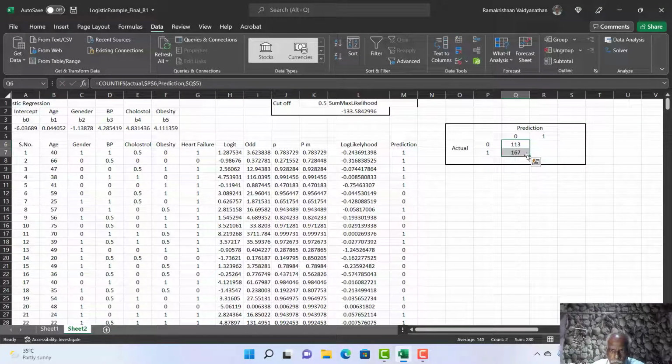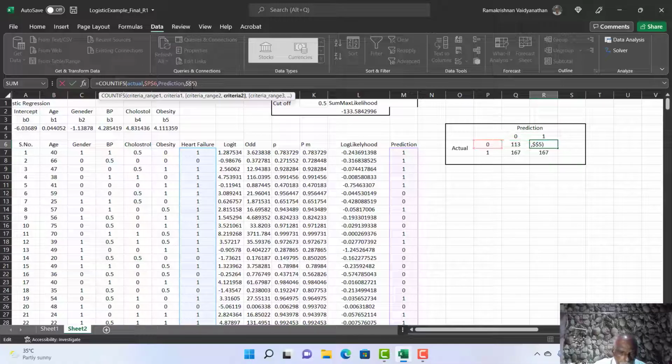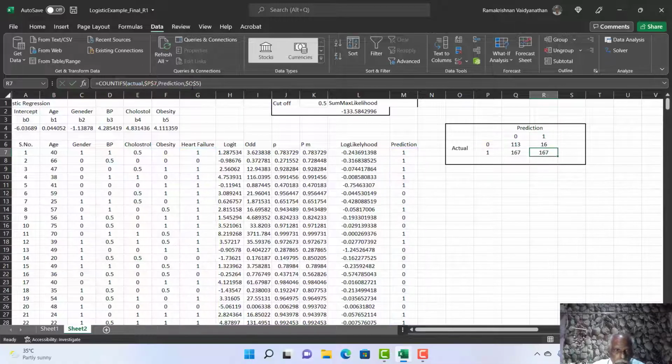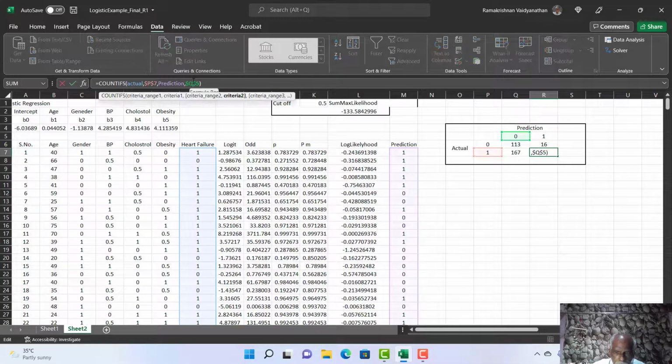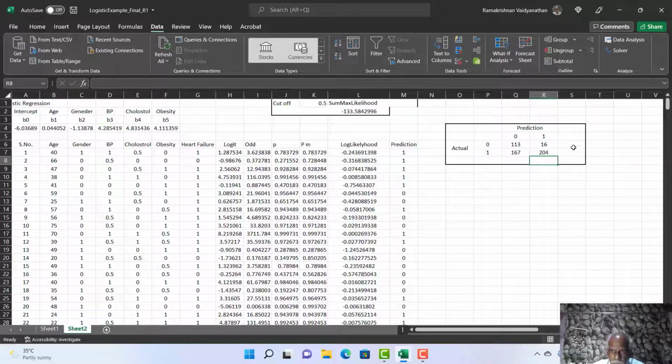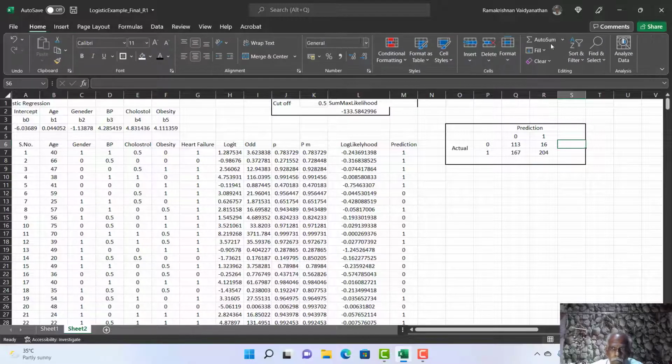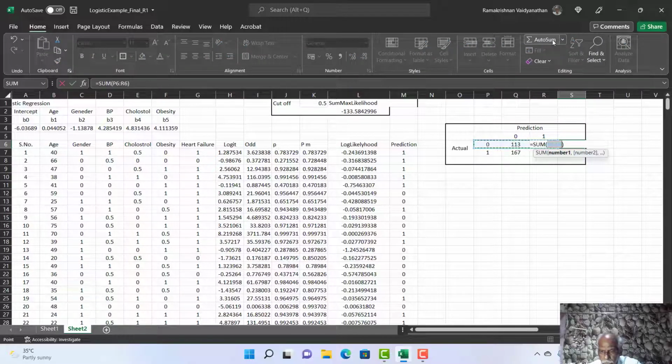And then I will copy these two here. I will have to make it P6 and R6, R5, and here again R5, right? I will find out the addition here: Home, auto sum, enter.